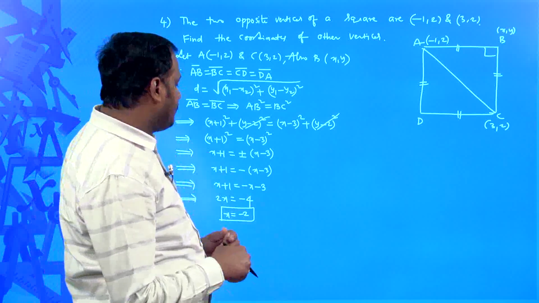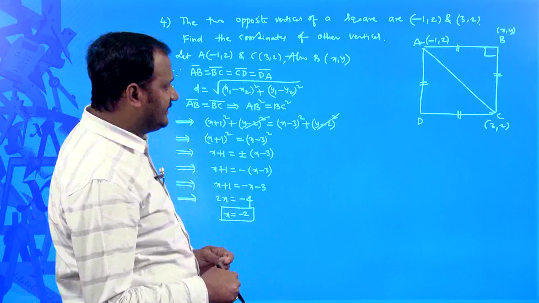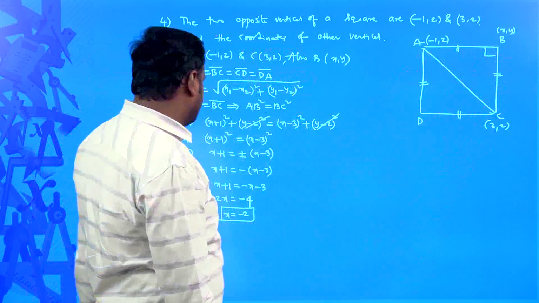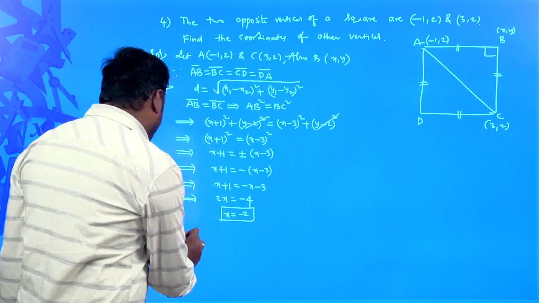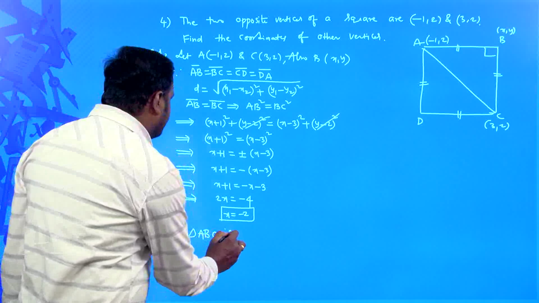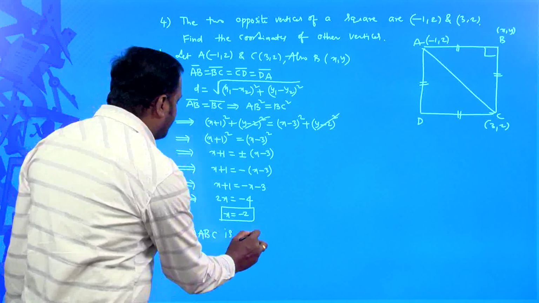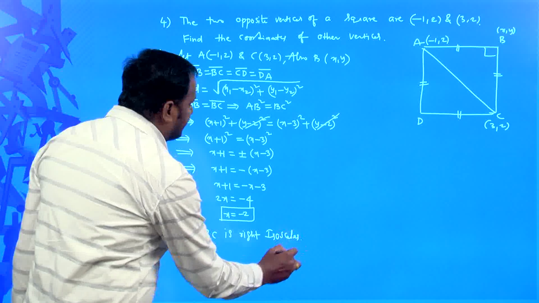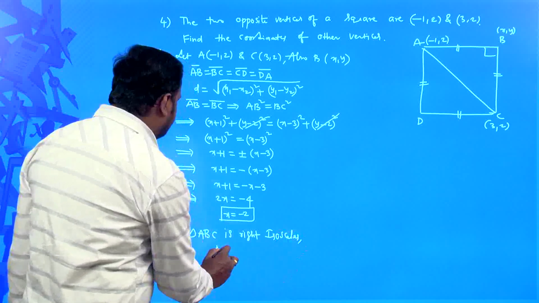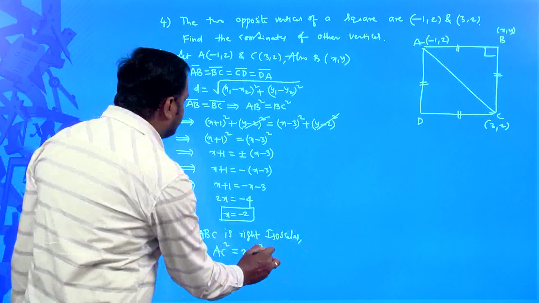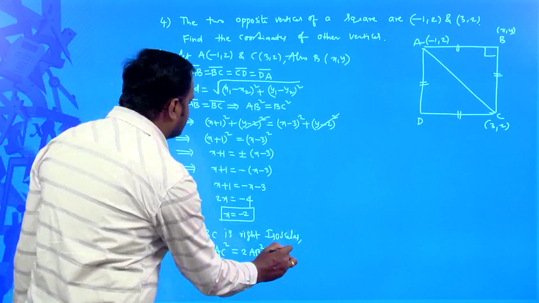And to get the value of y, what has to be done here? We know that AB square plus BC square is equal to AC square, since triangle ABC is a right isosceles triangle. Since it is right isosceles, we can say that AC square is equal to 2AB square, or else you can use 2BC square also.